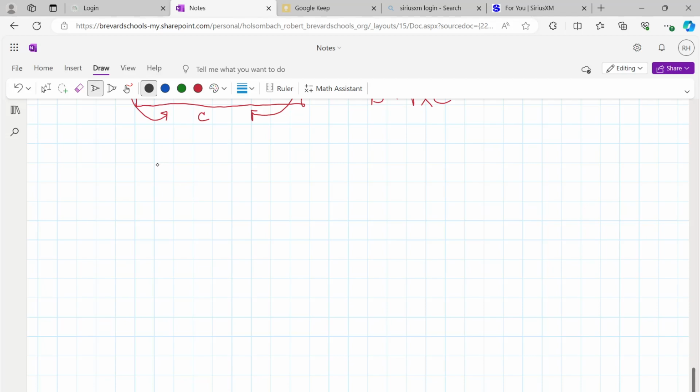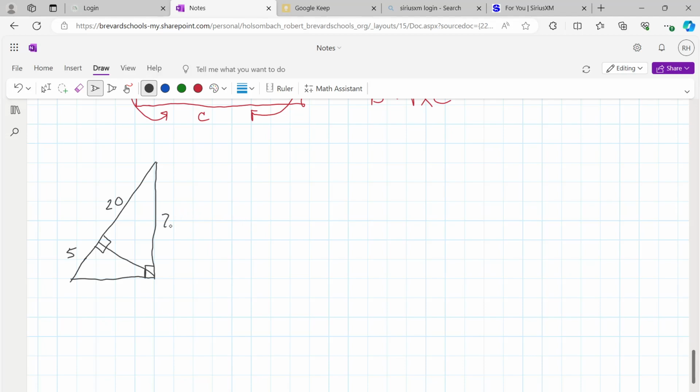So we've got something that looks like this. And we've got an altitude drawn to the hypotenuse. And we've got a piece that's 5 and 20.